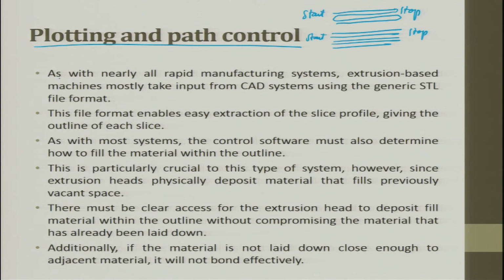As with nearly all rapid manufacturing systems, extrusion based machines mostly take input from the CAD system using the generic STL file format. The file format enables easy extraction of the slice profile, giving the outline of each slice, layer by layer. As with most systems, the control software must also determine how to fill the material within the outline.